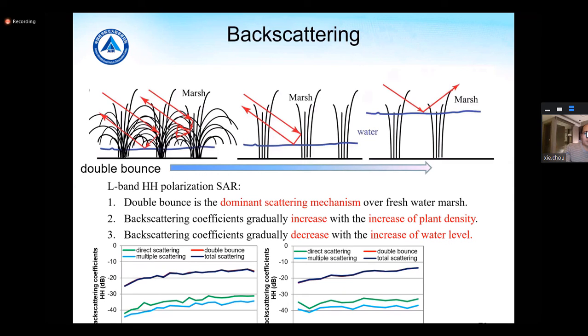Here is an example of how to use it to detect water level change in wetlands.